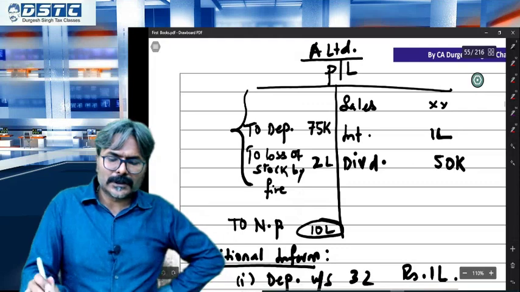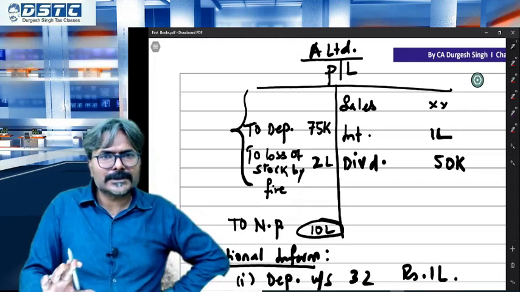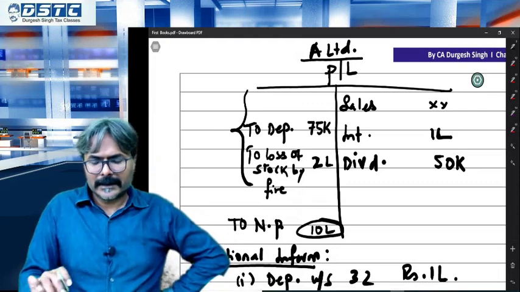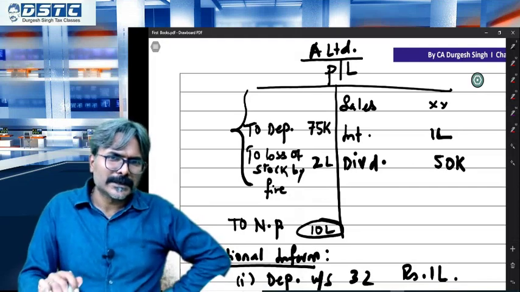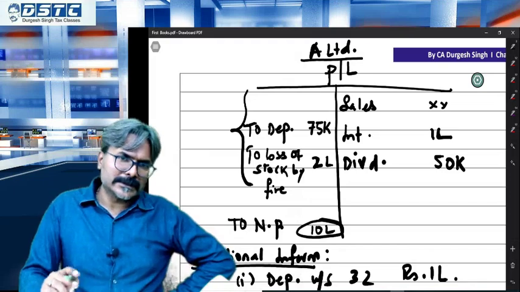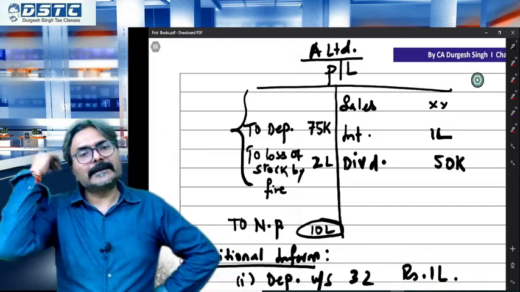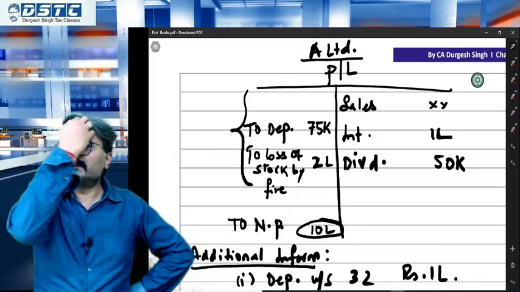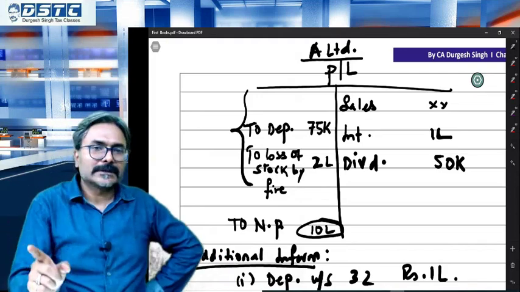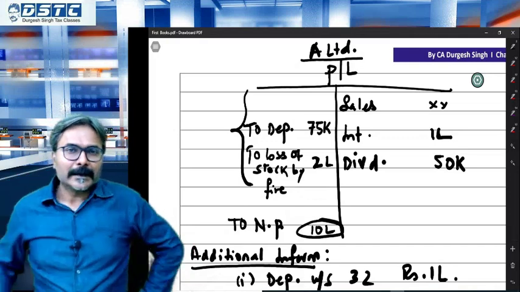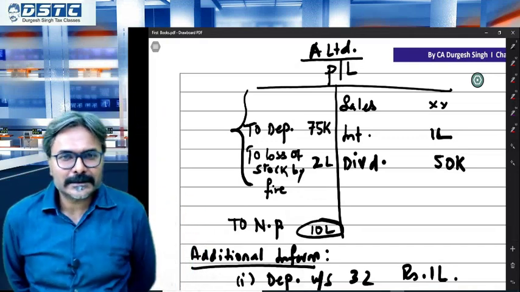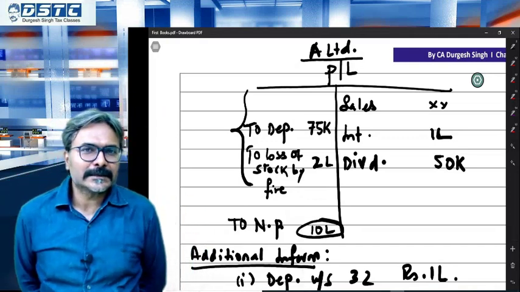So there was a stock which got lost by fire, and accordingly the SSC has made the debit of this loss. My question to all of you is this: under the head PGBP, is this loss allowed to you as a deduction?